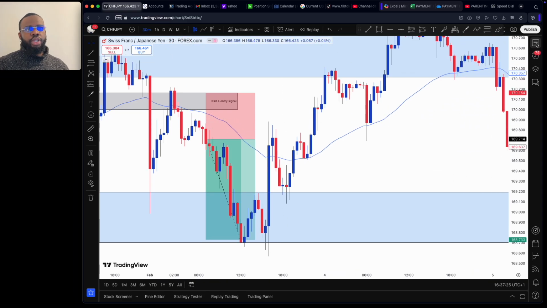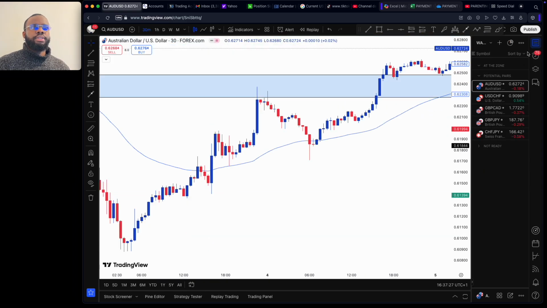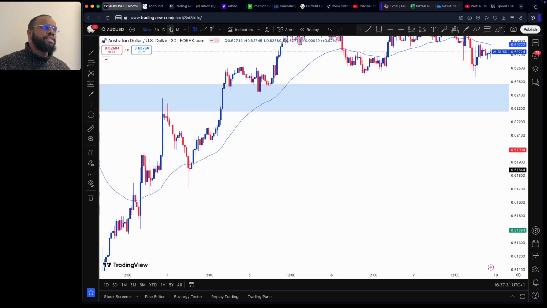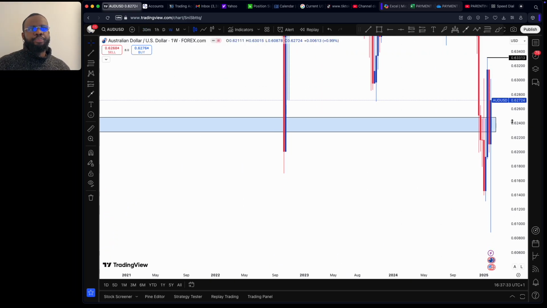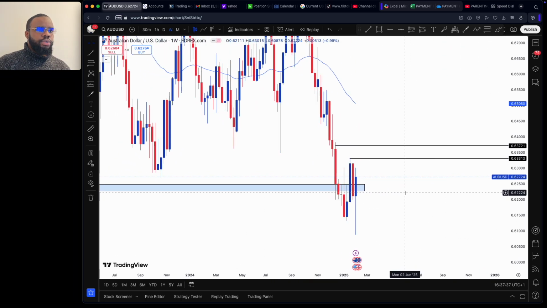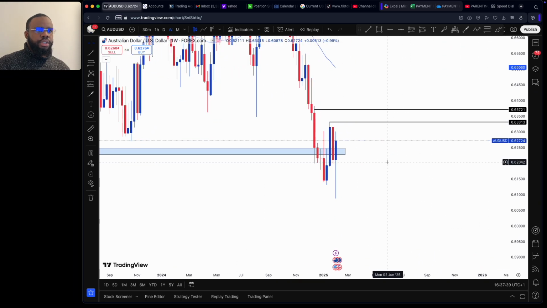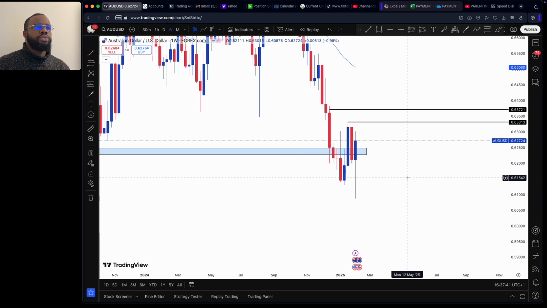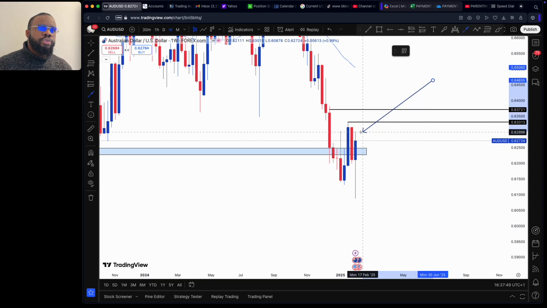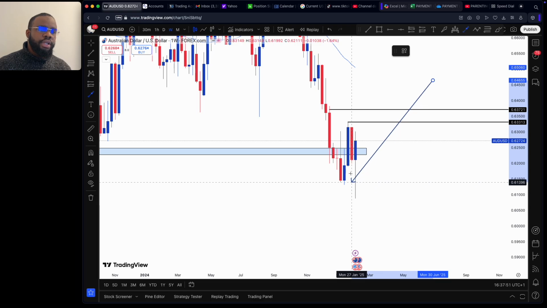So this week I'll be watching AUD USD. Starting from the weekly, we can see the weekly is bearish, because this is the last high and this is the last low. If a market is bearish, the weekly was supposed to put in a new lower low. It was putting in the new lower low, but what happened?